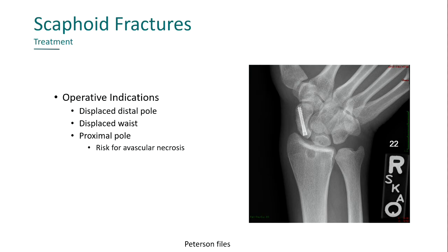We typically will fix this for any displacement over 1 millimeter, perhaps less in an athlete. Perhaps we'll place a screw because there have been studies demonstrating that we can get an athlete back faster, perhaps, by fixing it. Certainly a proximal pole is much more likely to be fixed, such as this CSU defense player, because these tend to go on to avascular necrosis or non-union at a much higher rate because of their blood supply.